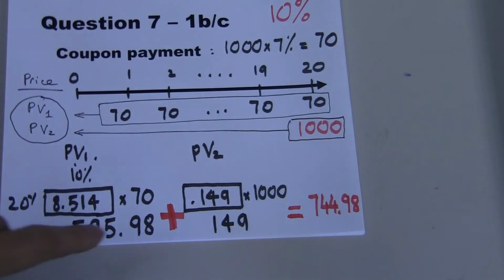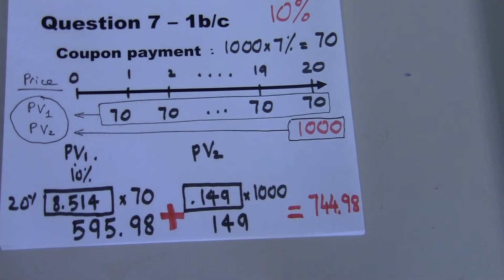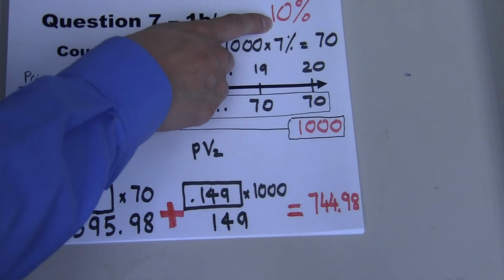So the price is 744.98. It is the answer for part B: the value of the bond at your required rate of return of 10%.